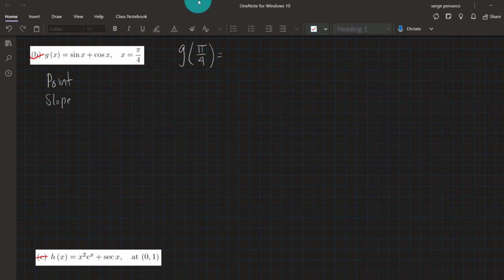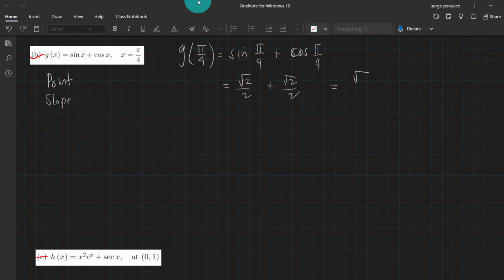So, kung hindi niyo kabisado ang pag-compute nito, pwedeng gumamit kayo ng calculator. So, kunin natin yung sin pi over 4 plus cosine pi over 4. So, ang sin pi over 4 is square root of 2 over 2 plus square root of 2 over 2. And then we simplify that.